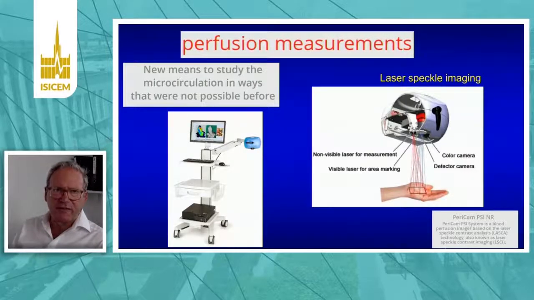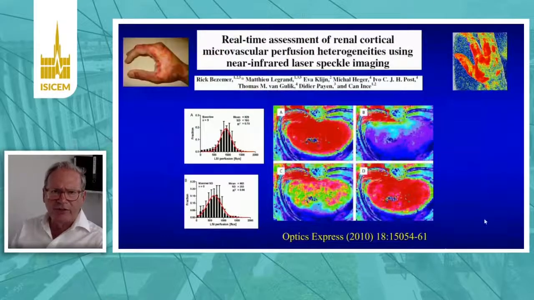More sophisticated ways of looking at perfusion measurements, for example, are by these laser speckle imaging devices, which again look at the movement of red blood cells and look at their interference patterns in order to make an image of the flow in various tissues. And here you can see examples on a kidney which is put into shock. You see changes in color. In resuscitation, you see heterogeneity, and finally back to baseline.